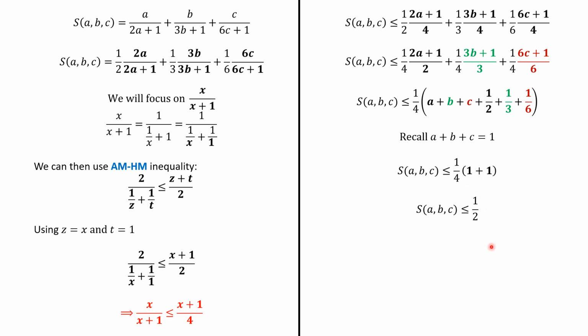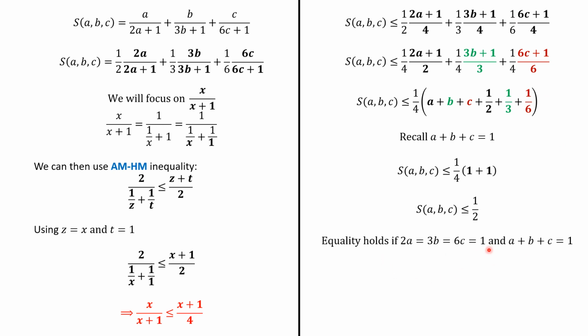Now we're going to look at the equality case. The equality holds if you have equality in the AM-HM inequality. But in the AM-HM inequality, equality holds if the two numbers are equal. That is, if 2a = 1, 3b = 1, and 6c = 1. That's what we wrote here.